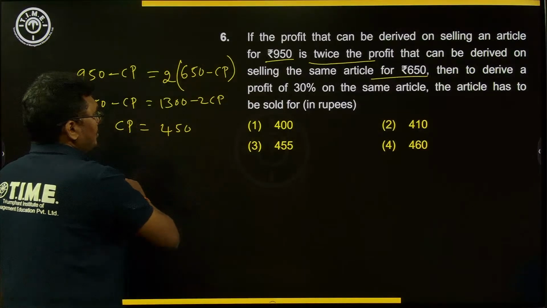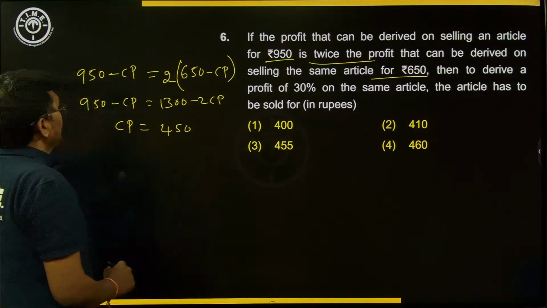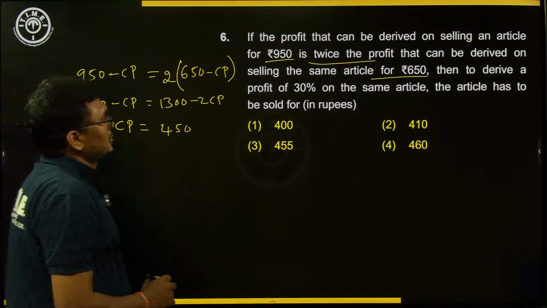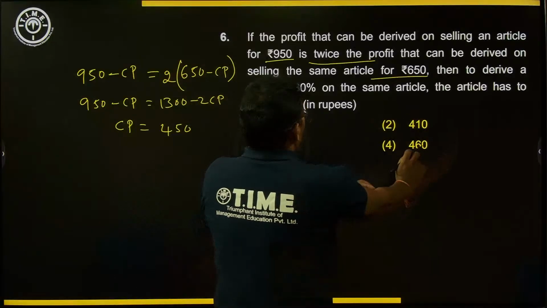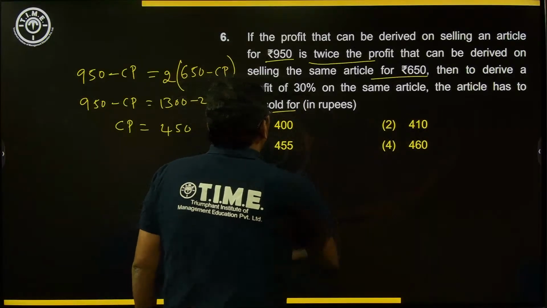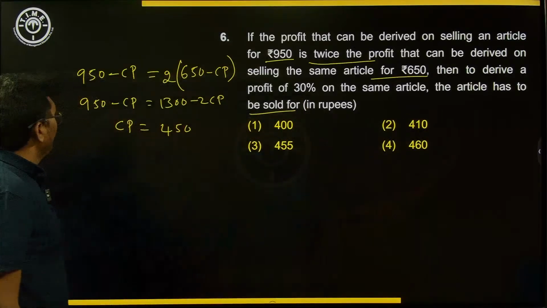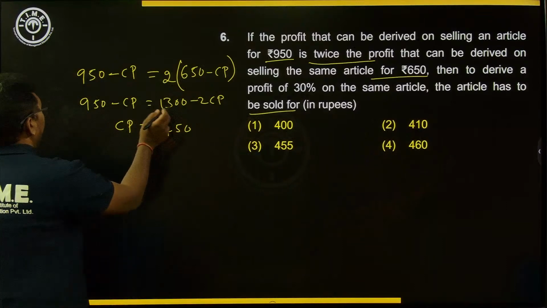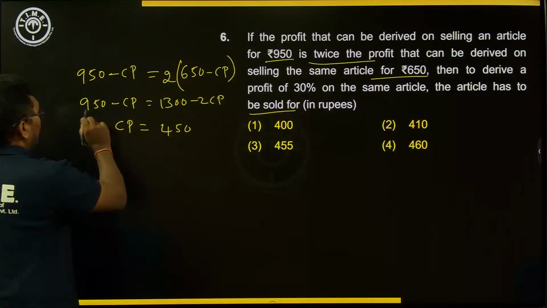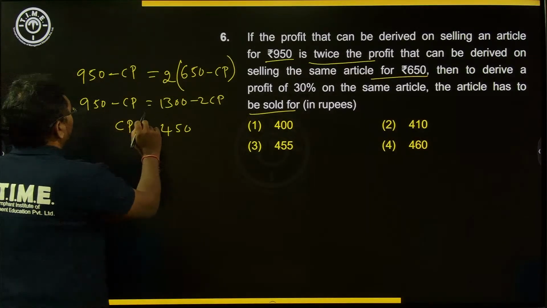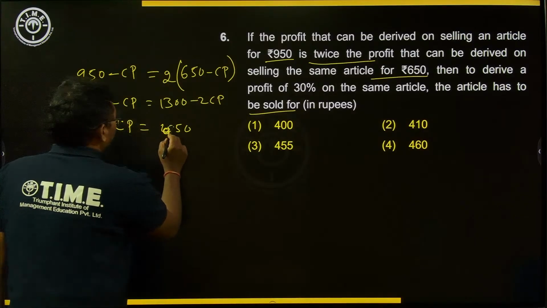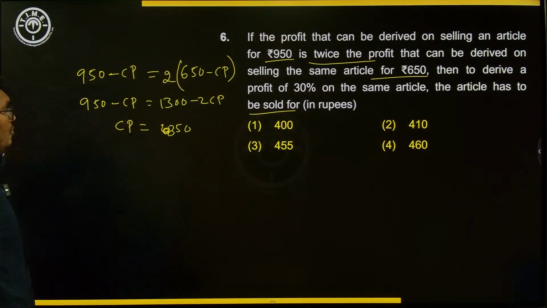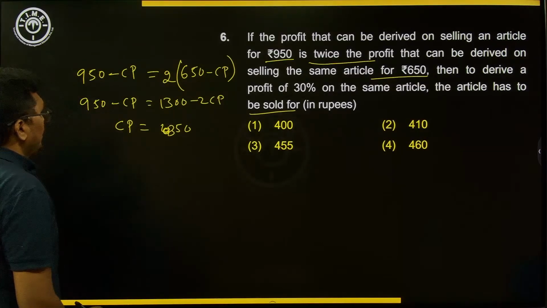Our choice is, check, to derive a profit of 30% on the same article. So we have to find 30% of the article.